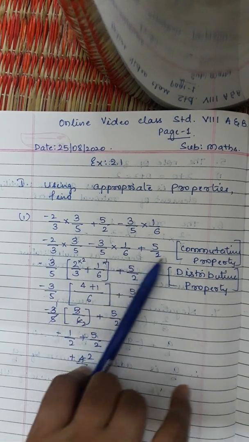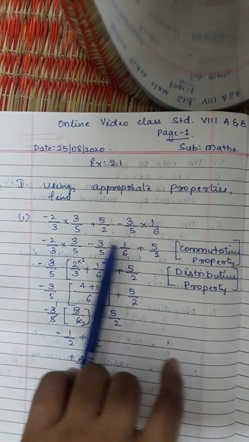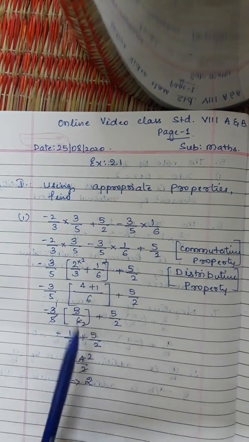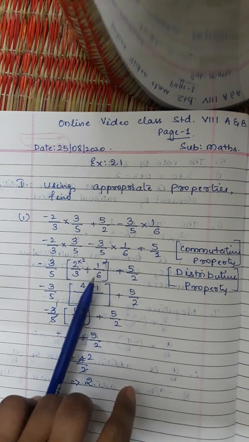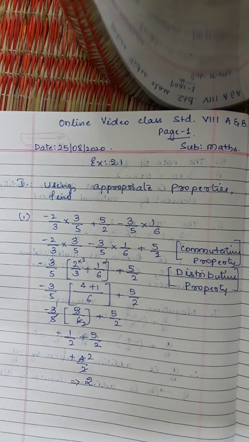As I said, group together using commutative property, then take out the common factor using distributive property, simplify, wherever it is addition you go for adding, wherever it is subtraction go for subtracting, cancel, you will be getting the final answer there.